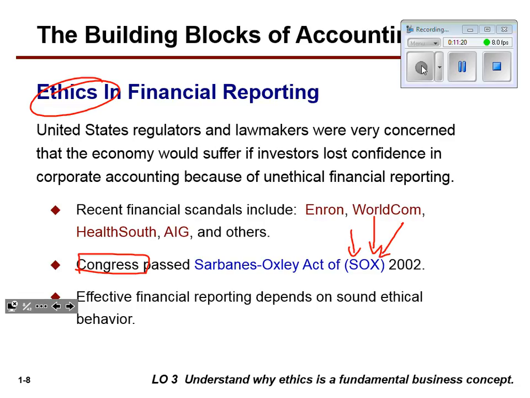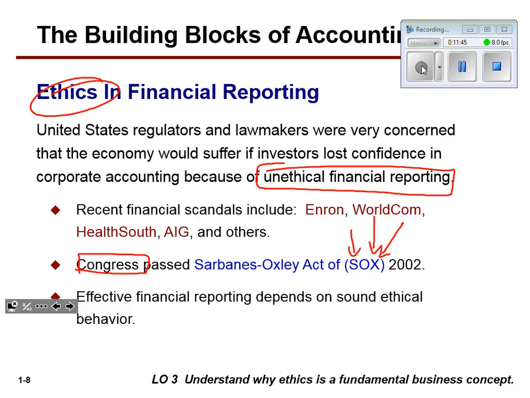SOX Act. Sarbanes-Oxley. Again, I could research that a little bit more. I would assume the book told you that a little bit more. I just remember it's the SOX Act. That, in a nutshell, is trying to avoid unethical financial reporting.